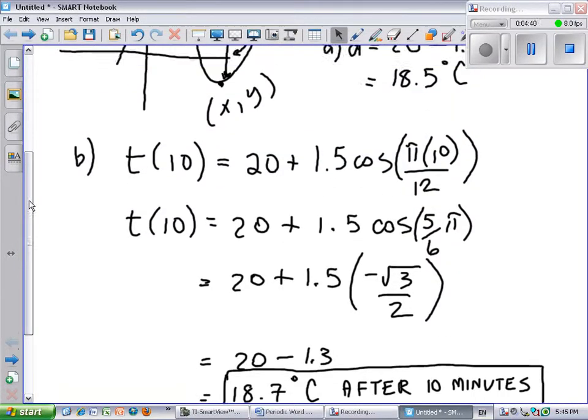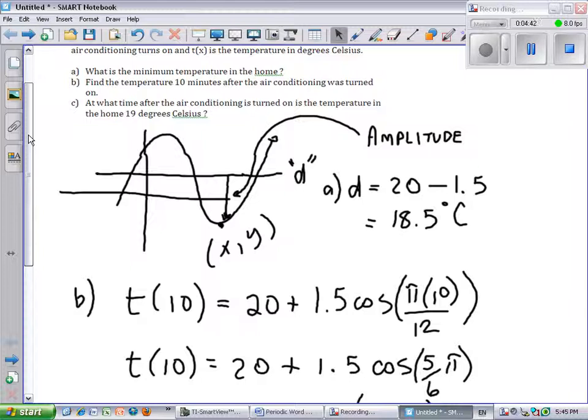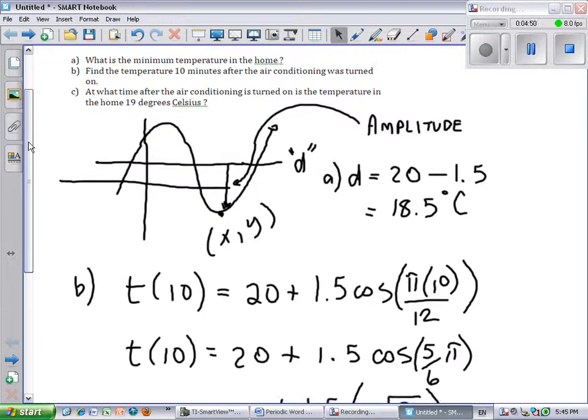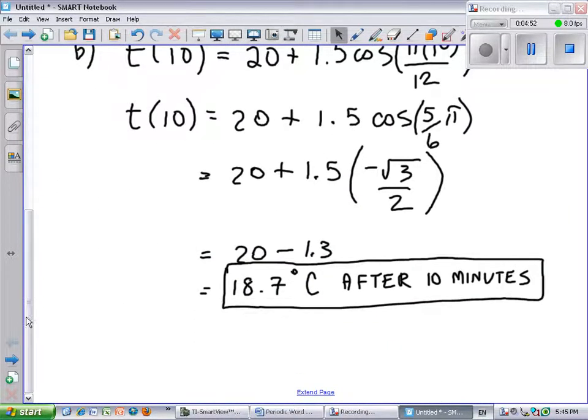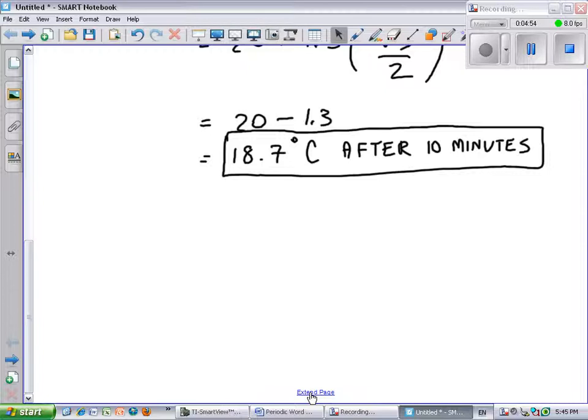Part C said, at what time after the air conditioning is turned on is the temperature at home 19 degrees Celsius? So what we have here, and I'm not going to draw this graph as I see it. I don't have it drawn yet. So we have a sinusoidal function that has a maximum temperature. 19 degrees is a temperature that the air conditioner will reach.